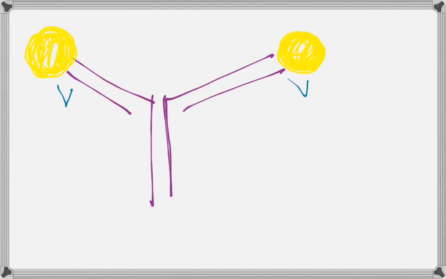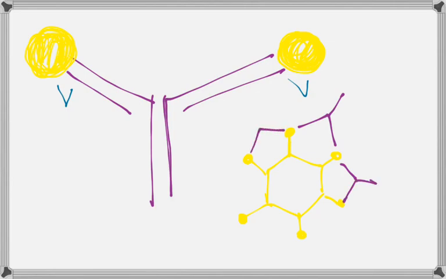So if we have a pathogen, it coats the pathogen, so it can no longer adhere to a virus or whatever it's going after. So here's the coating.